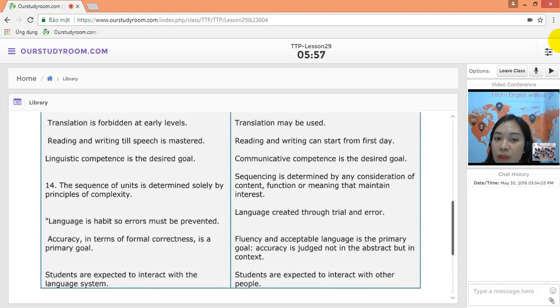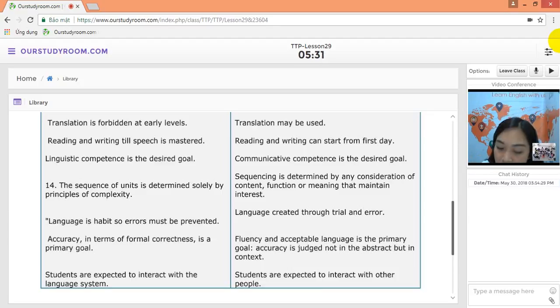Okay, so what is this all about? In audiolingual, reading and writing wait till speech is mastered. From the word itself, mastered. While in communicative, reading and writing can start from the first day.